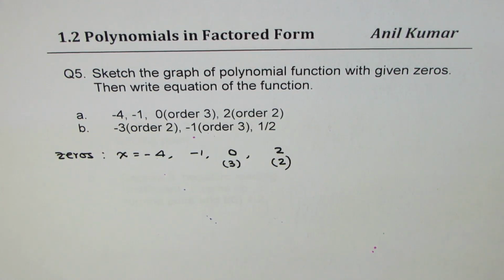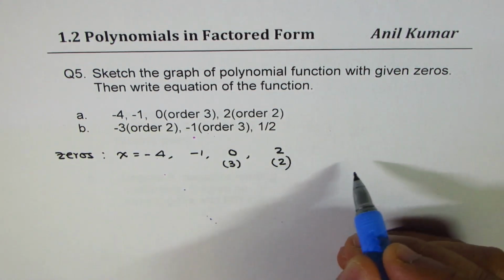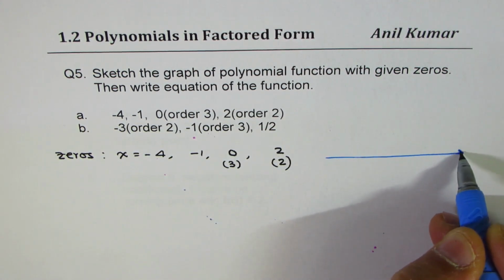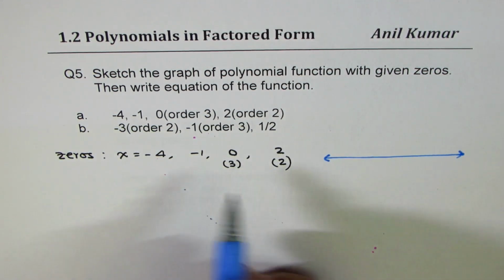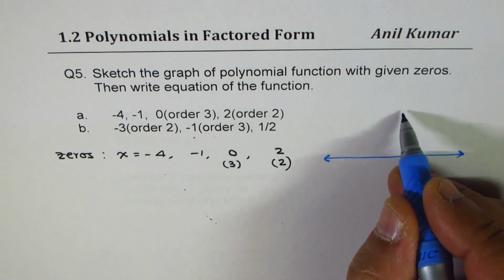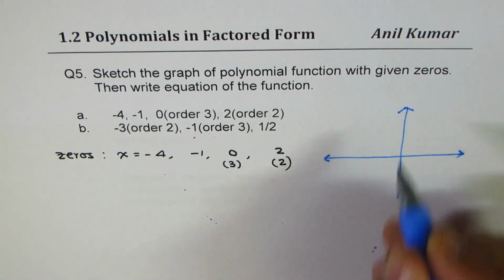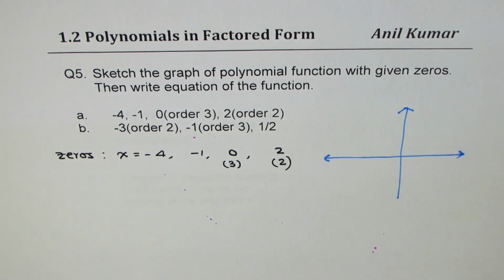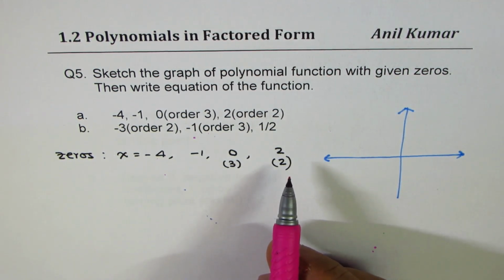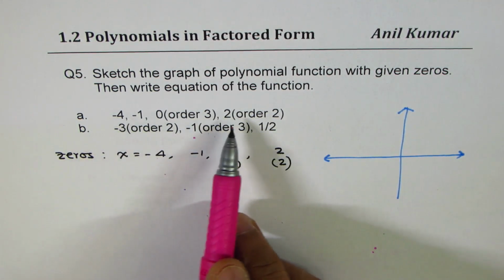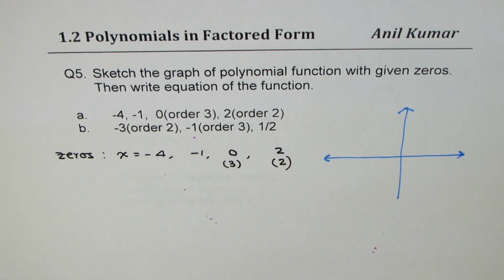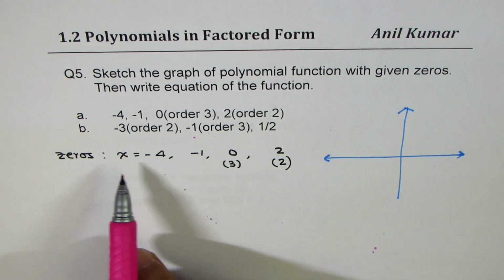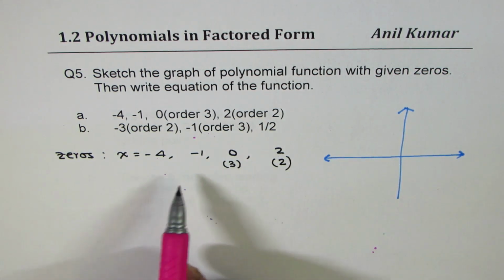So let us sketch this graph. Okay, let me do it here. Okay, so we have 2 negative, that -4 is a bigger number. So let me draw the y-axis here. So the first zero, start from the left side. Now, we could assume any leading coefficient that has not been specified, right? So you could draw many graphs for the same conditions, right?